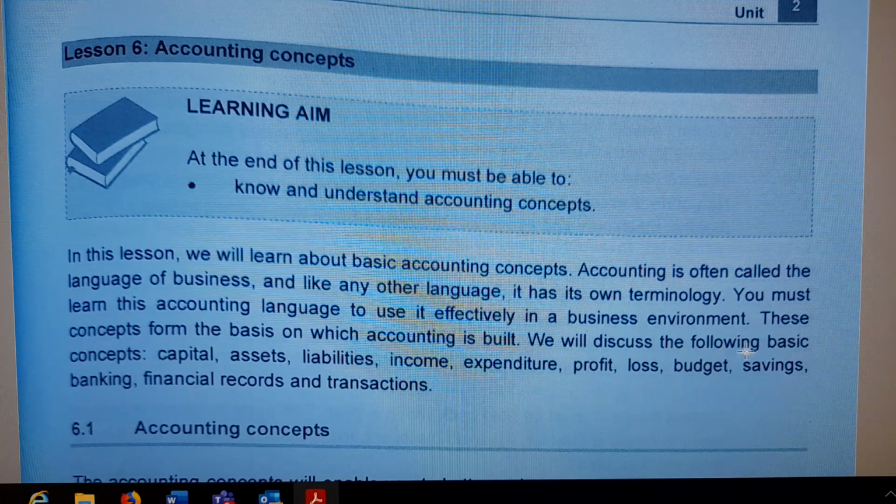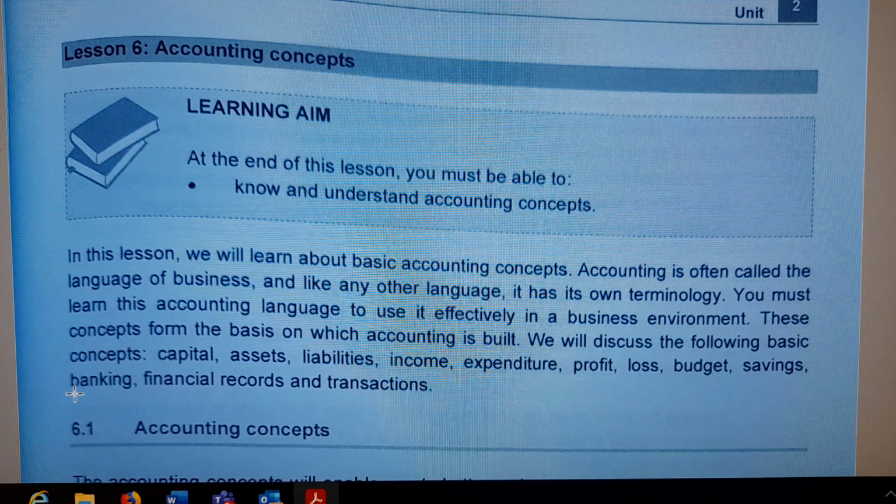We will discuss the following basic concepts. This is what we will discuss. Number 1, capital. Number 2, assets. Number 3, liabilities. Number 4, income. Number 5, expenditure. Number 6, profit. Number 7, loss. Number 8, budget. Number 9, savings.